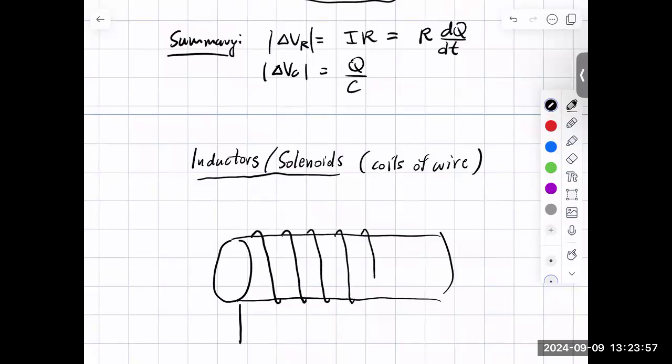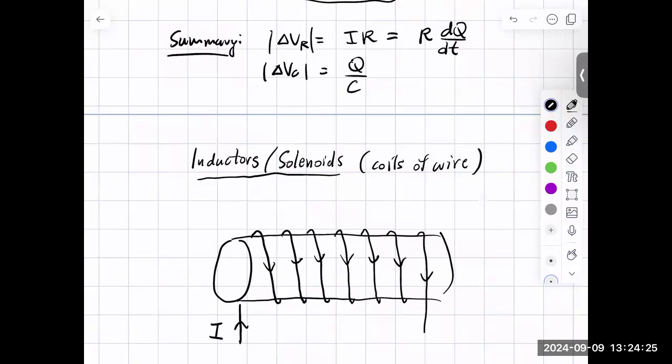Again, the cylinder serves no purpose other than to provide something to wrap our wire around. Let's pick a direction for the current in our wire. Here's the current I. It's going up behind the cylinder and then coming down in front of the cylinder.